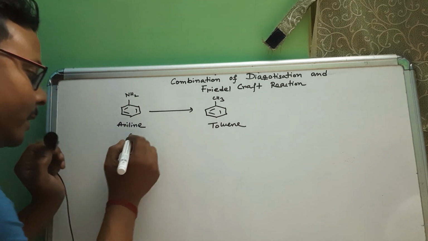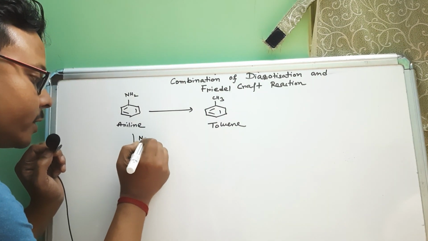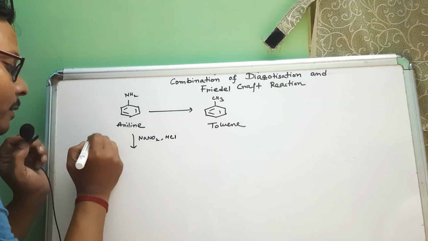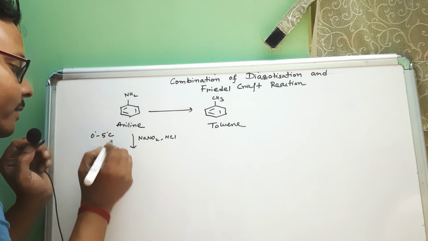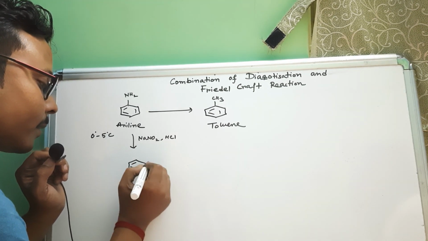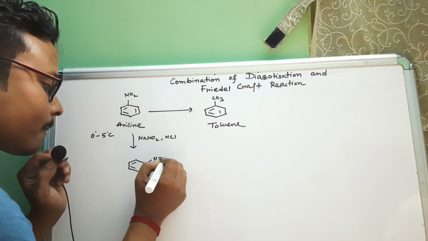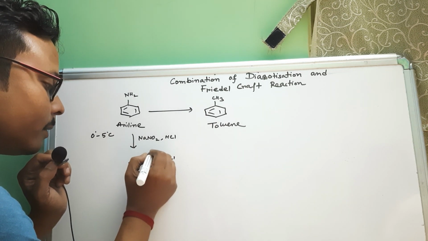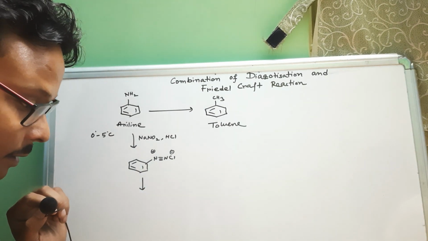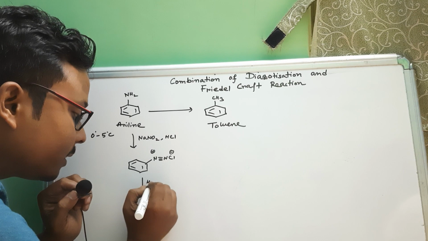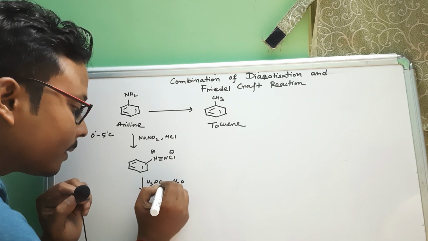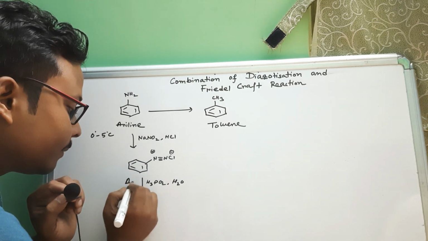So aniline first should be diazotized with NaNO2, HCl, 0 to 5 degrees centigrade. It will be benzene diazonium chloride. Once you have benzene diazonium chloride, then you should give H3PO2, water, and heat.